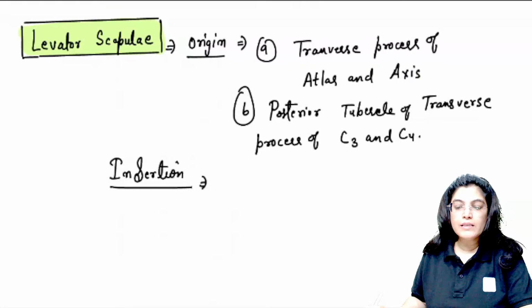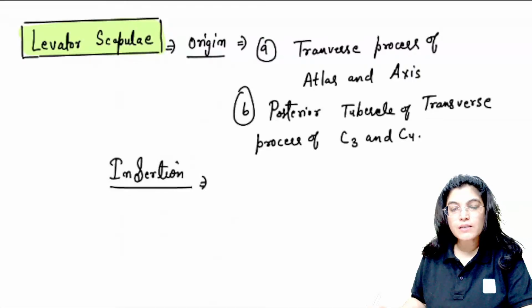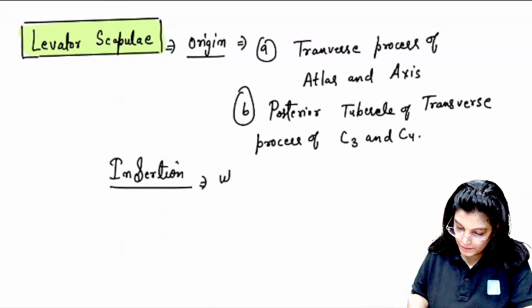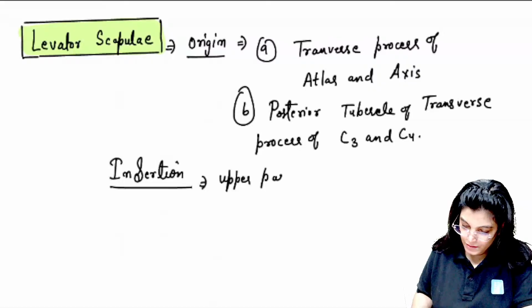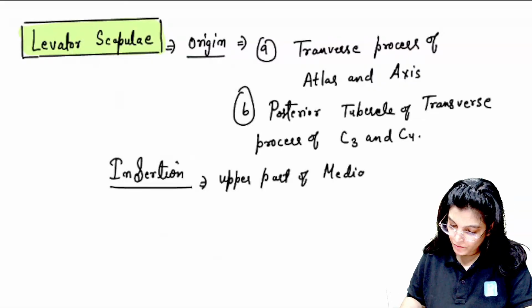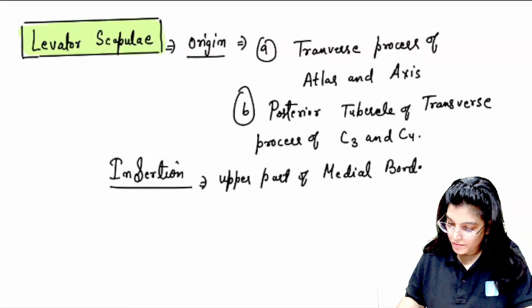Now, this is the superior most muscle which inserts into the medial border of scapula. So it will be inserting onto the upper part of the medial border of scapula.